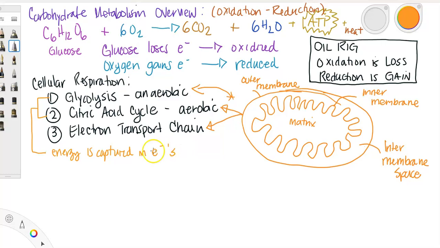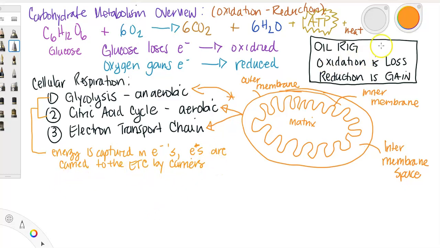Those electrons, where we sort of collect all these electrons through these two processes, and then these electrons are carried to the electron transport chain by carriers to be converted or cashed in for ATP or energy.